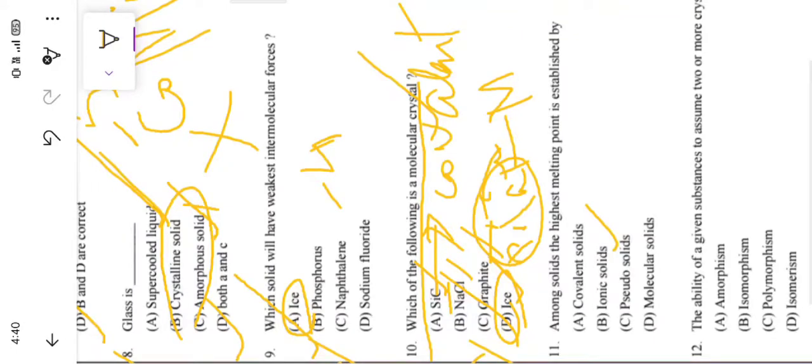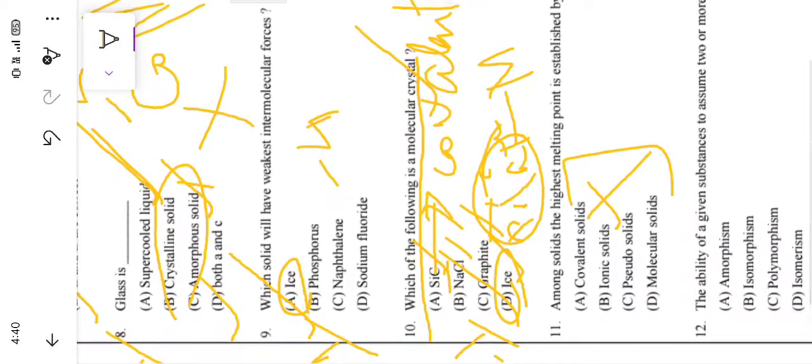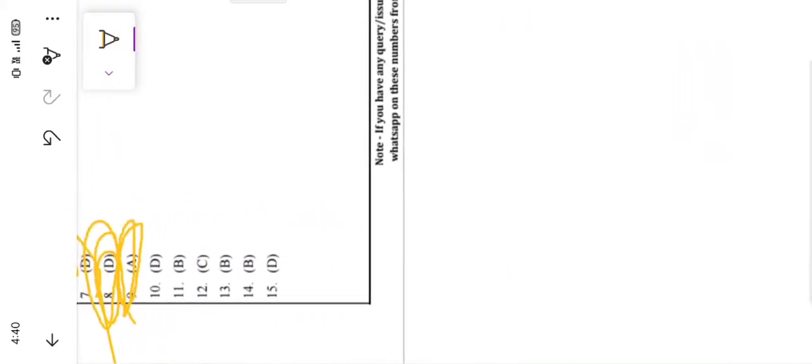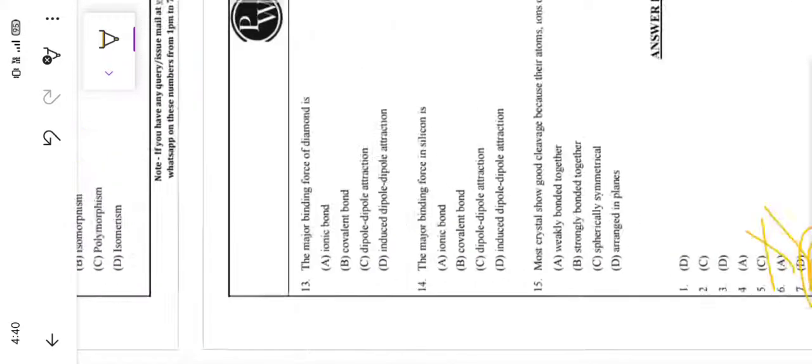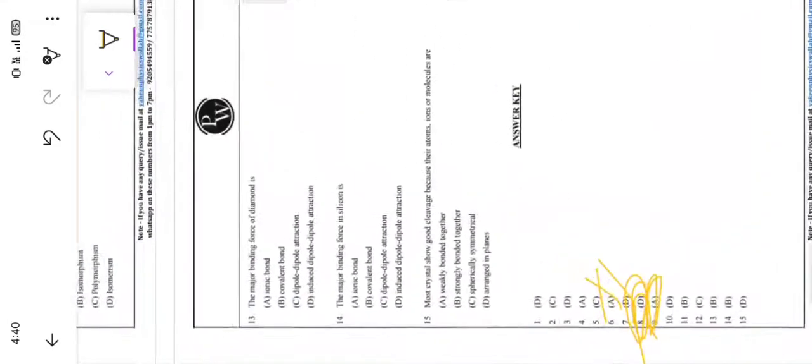In NCERT I look, the melting point is very high in covalent. So answer 11B.